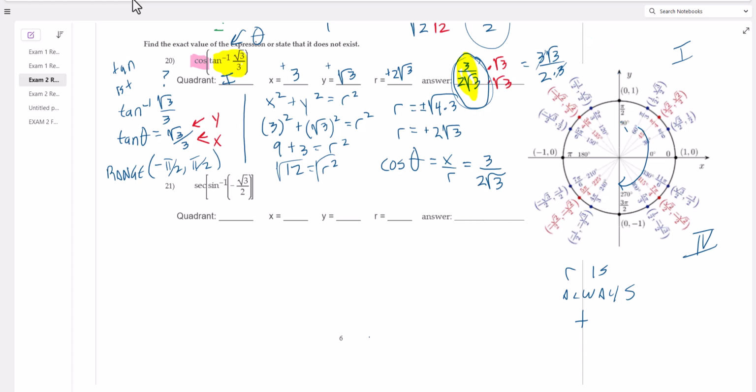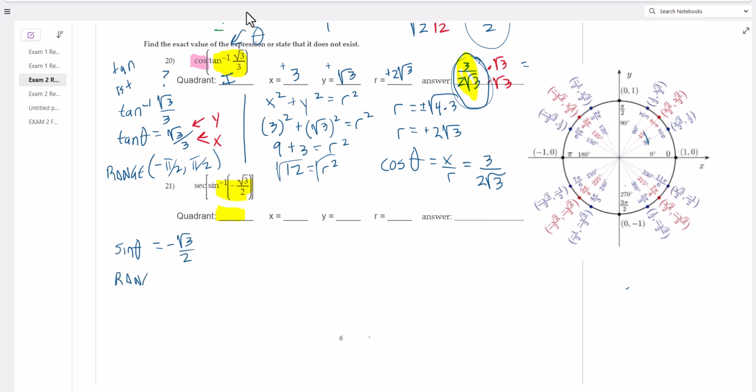What we'll do here is look at this one, which has an inverse sine in it. Again, this part right here is going to tell you what the quadrant is. So the meaning of this is the sine of theta equals negative square root of 3 over 2. Because there's a range, that will tell you what quadrant you're in.